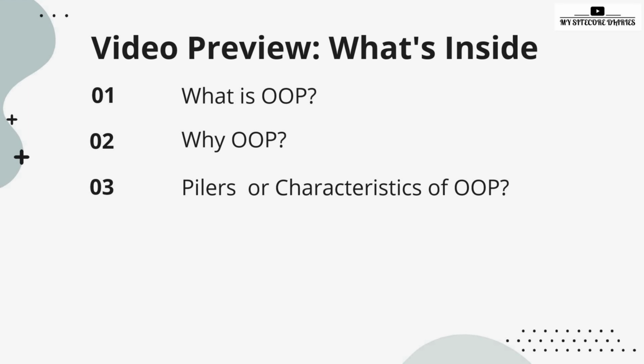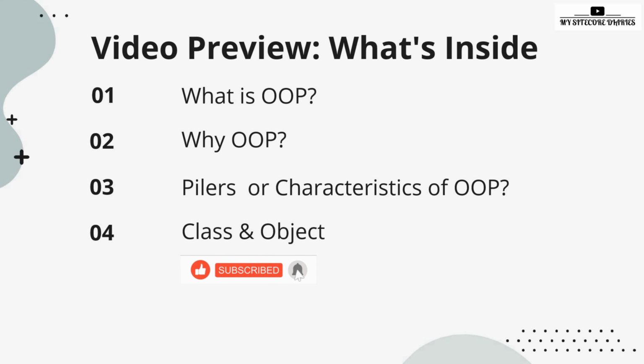After that, we will see different characteristics of object oriented programming, and at the end we will check what is class and object. Obviously this topic cannot be covered in one video, so upcoming videos in this series will talk more about object oriented programming.